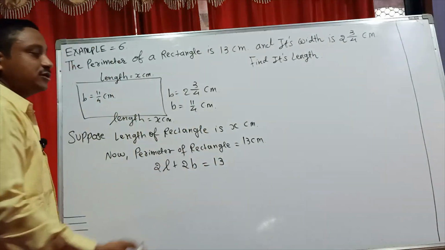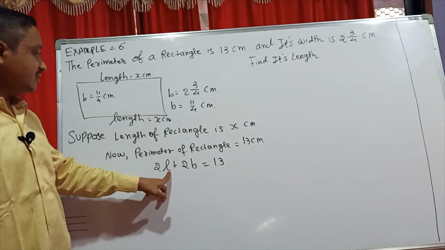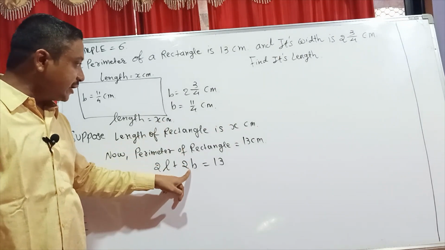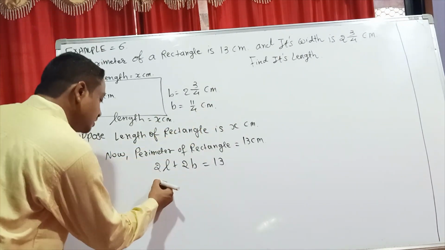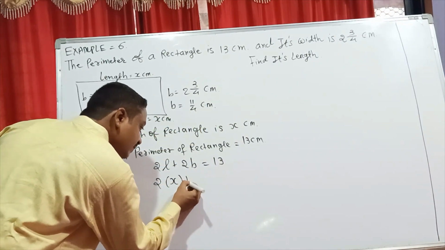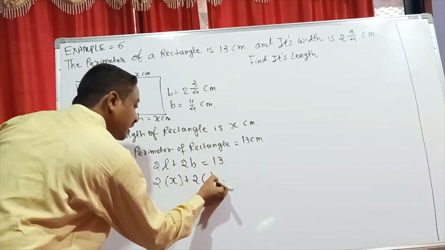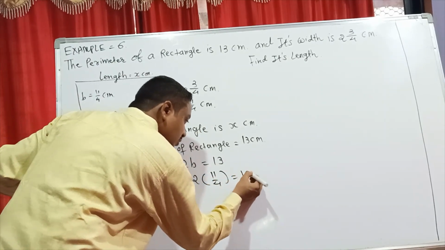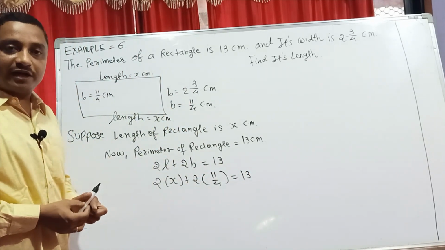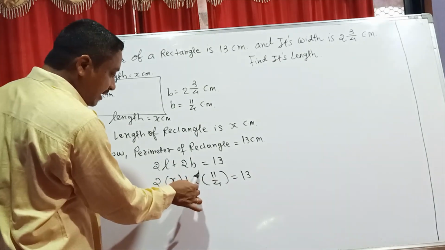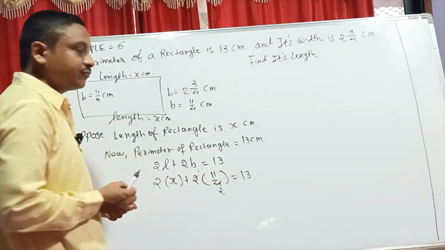The length I assume is x, the breadth is already known. So here you put x, and the breadth 11 by 4, is equal to 13 according to the given data.